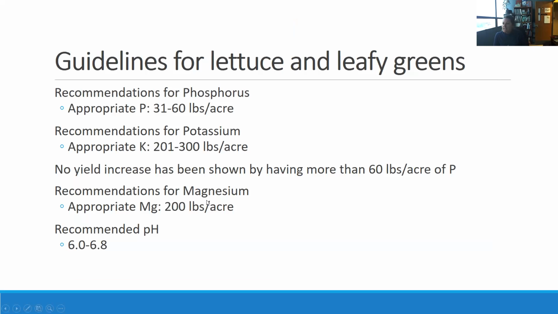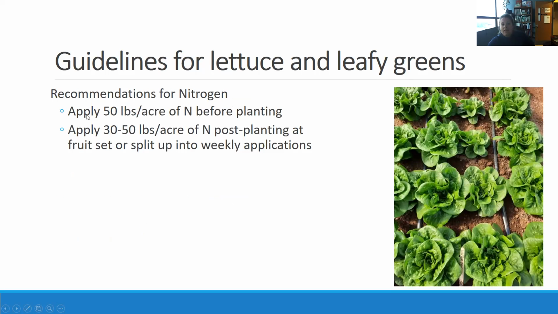Guidelines for lettuce and other leafy greens: same P, K, and magnesium. The pH can be a bit lower for lettuce and leafy greens, 6 to 6.8. And the nitrogen requirements are similar to tomato. Me personally, I do not normally apply this full amount of nitrogen.